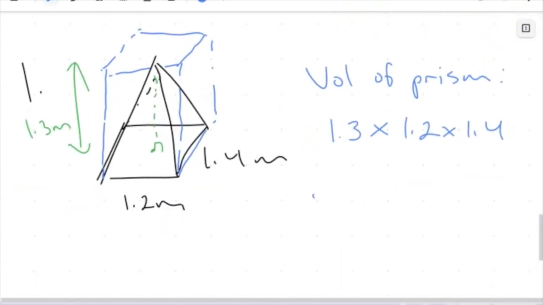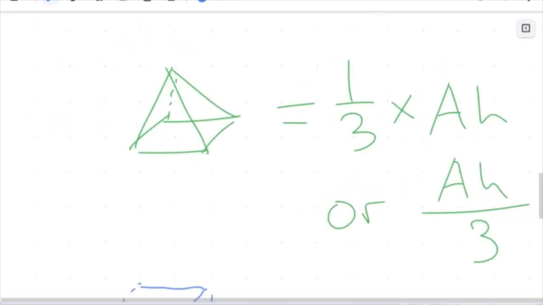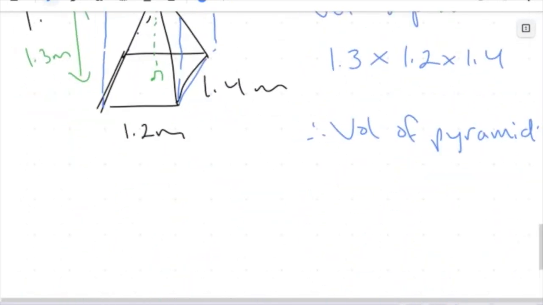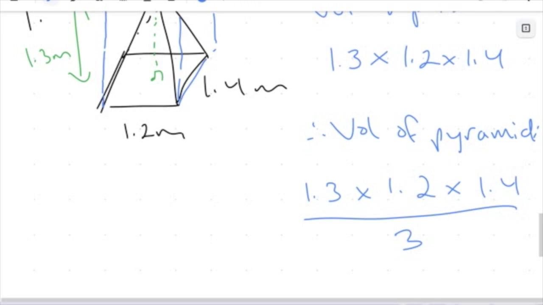So therefore the volume of my pyramid must be a third of that. So it's going to be 1.3 times 1.2 times 1.4, divided by 3.